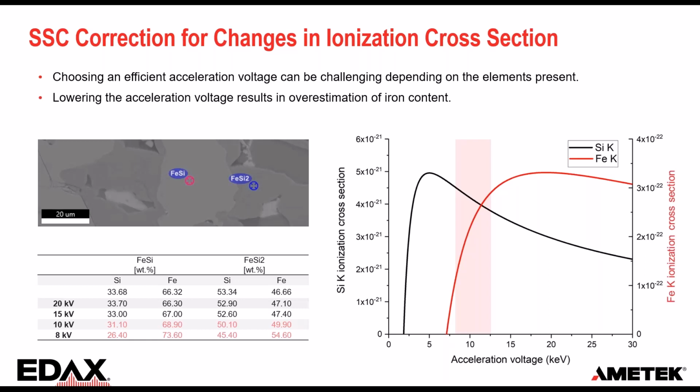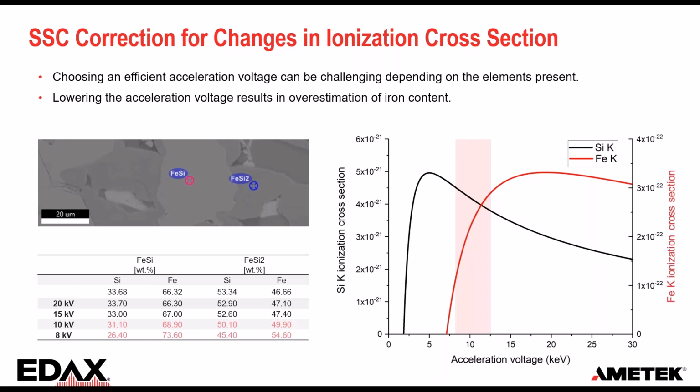So the ionization cross-sections for iron and silicon are shown on the right. And for some samples, it's very hard to select a proper beam energy because the lines that we are interested in are just far apart. And here in this example, we want to reduce the beam energy. And as you can see with the red line, if we drop under a certain beam energy, our ionization cross-section just drops drastically.